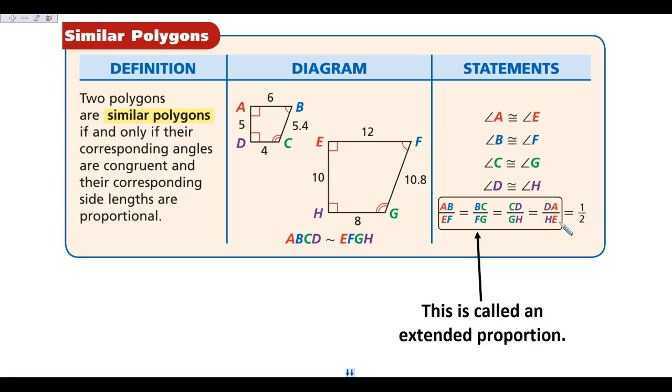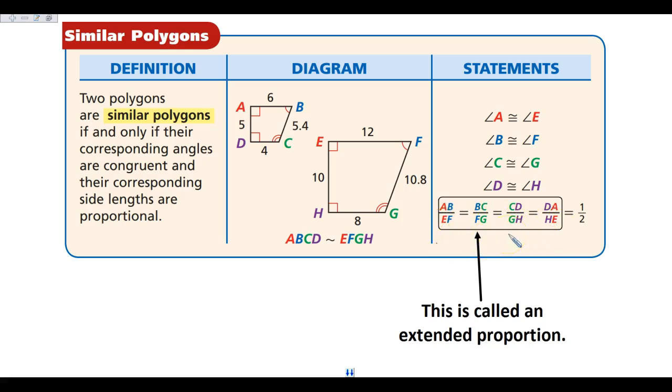What this is called, with all of my side ratios, is an extended proportion. When I'm writing it, all the sides' ratios are equal. Remember, AB over EF is a ratio. In my extended proportion, the numerators are all the small figure, and the denominators are all the larger figure.